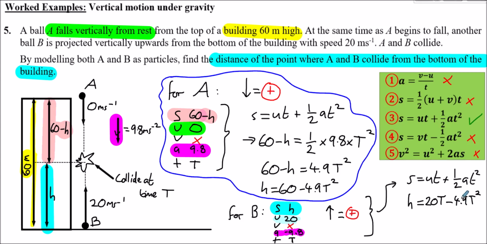So for B, we now have another formula in terms of h. So h equals 20T minus 4.9T squared.